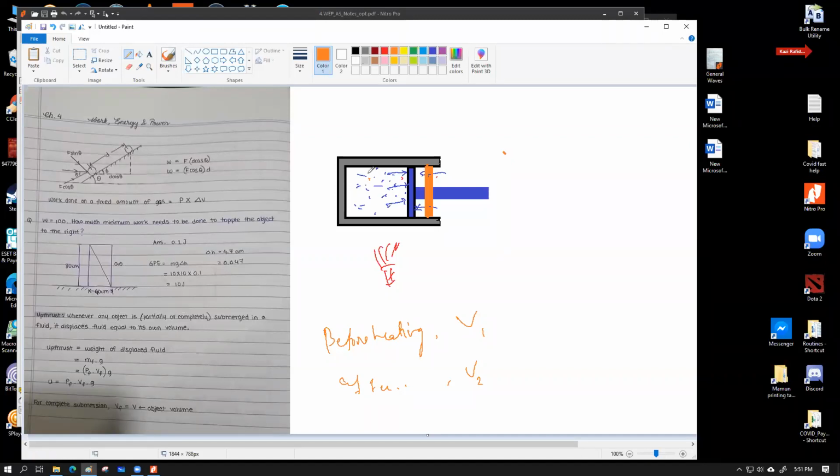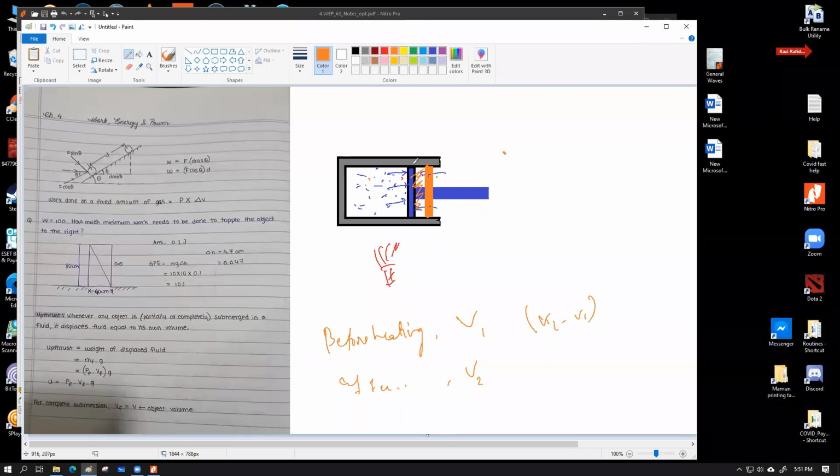For the gas to expand outwards and occupy this additional volume, which is the subtraction of V2 minus V1, the piston had to push out atmospheric particles to the right and make its own volume in the same space where earlier there used to be atmospheric particles. Which essentially means the gas had to push out the atmospheric particles and make its own space.